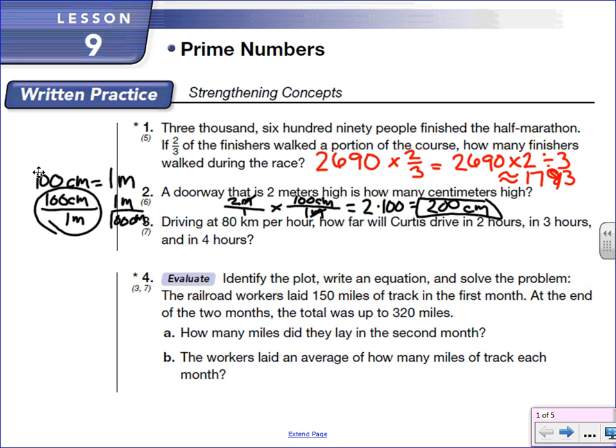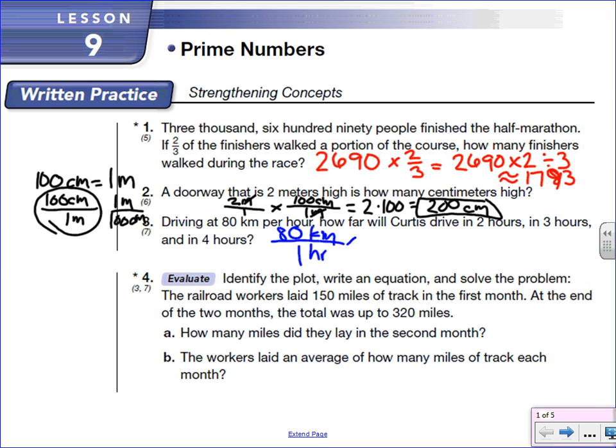Driving at 80 kilometers per hour, how far will Curtis drive in 2 hours, 3 hours, and 4 hours? So, we have 80 kilometers per 1 hour.